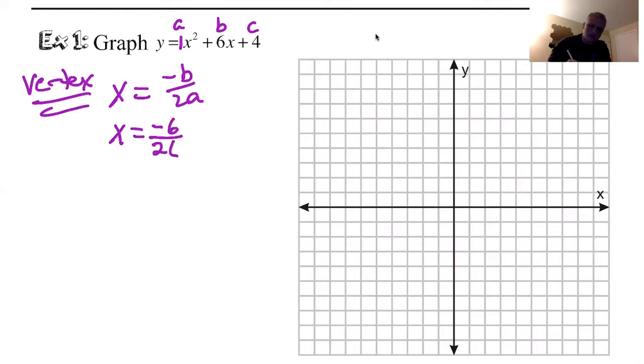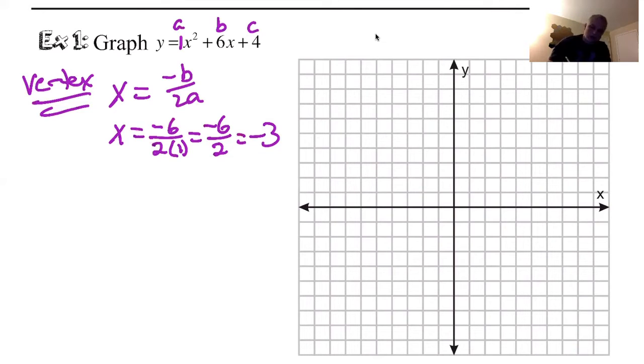And 2 times a, that's 2 times 1. So that's negative 6 over 2, which is negative 3. So I know my x coordinate for my vertex is negative 3. I'm going to change color so it's a little easier to follow visually.